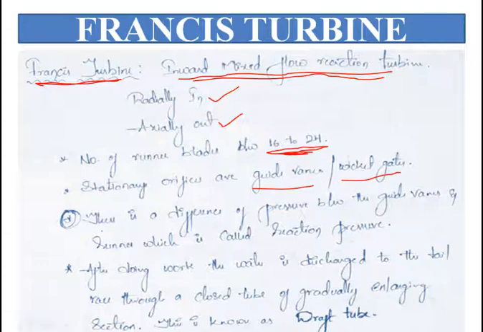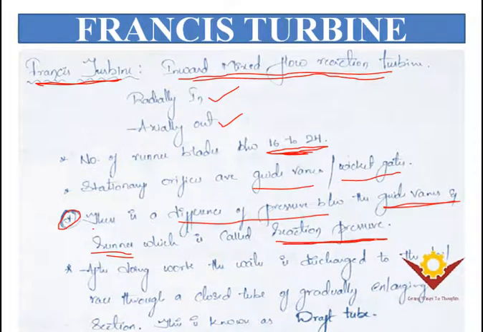And this is very important: there is a difference of pressure between the guide vanes and the runner. When the flow goes from the guide vanes to the runner, there is a pressure difference. So that's why we call it a reaction turbine.